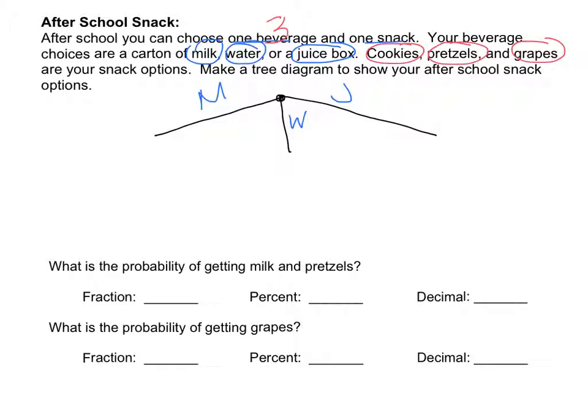And with each of those drink options, I can make a choice between the 3 snacks. I could get cookies, pretzels, or grapes with milk. I could also choose water and get cookies, pretzels, or grapes.